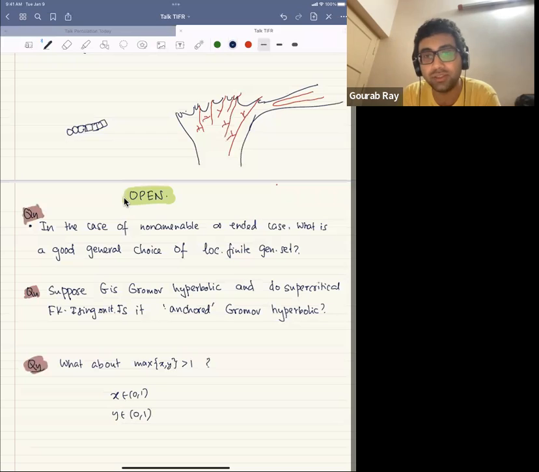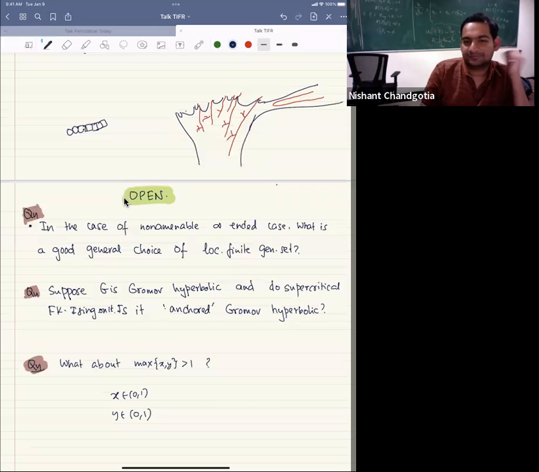If you take x bigger than 1, then we don't know. One reason is that the connection with Ising falls apart if x is bigger than 1. So how to understand that is also open. Okay, maybe let me stop here.